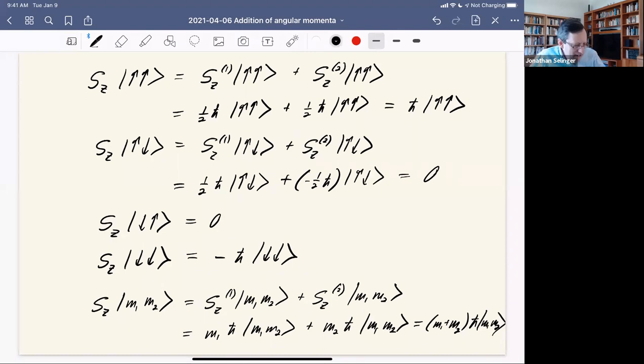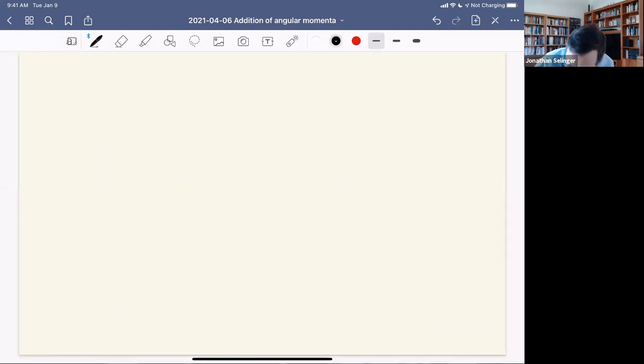Now comes the harder one. What about the S squared? So suppose we want the operator S squared. As I wrote out before, this is S1 plus S2 dot S1 plus S2.